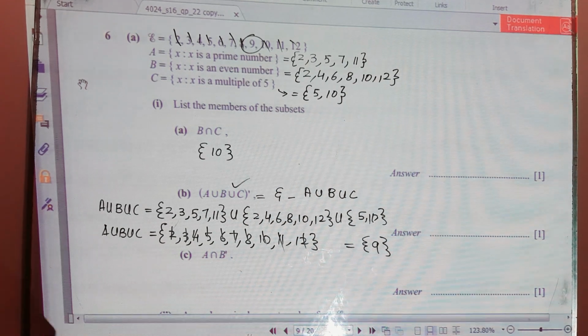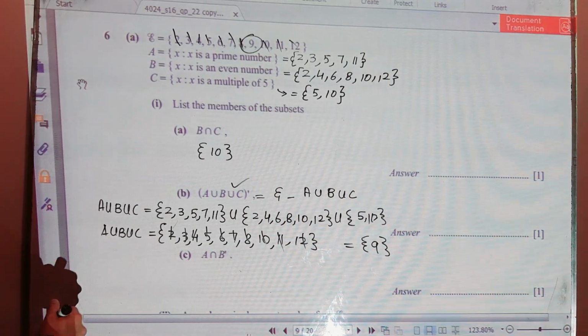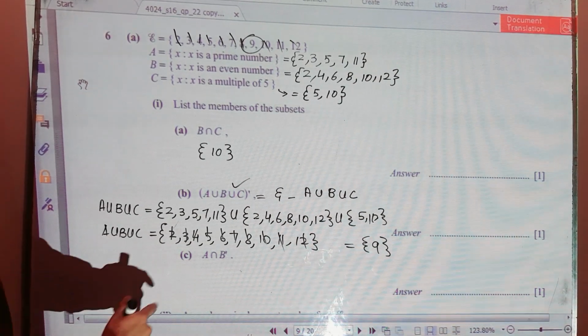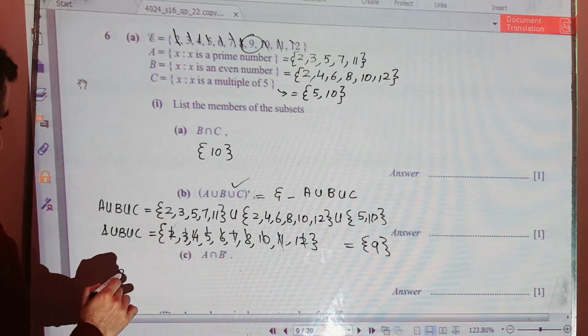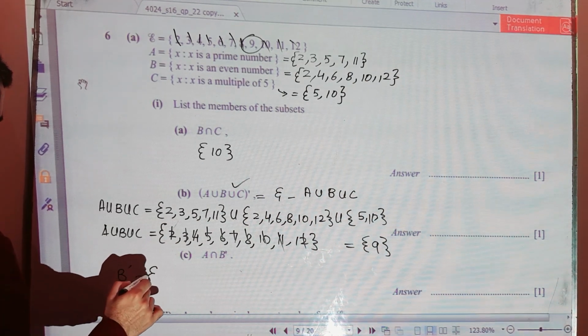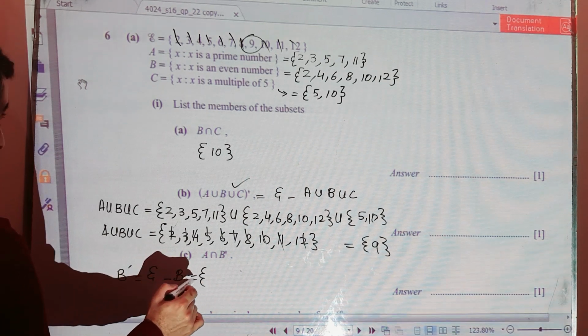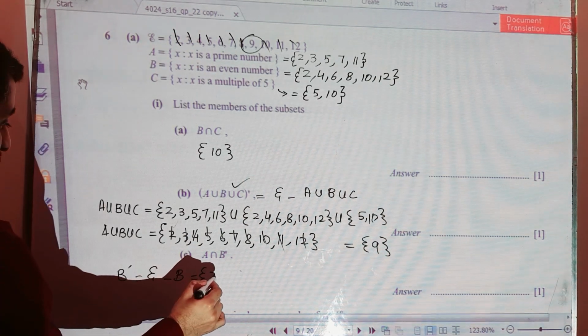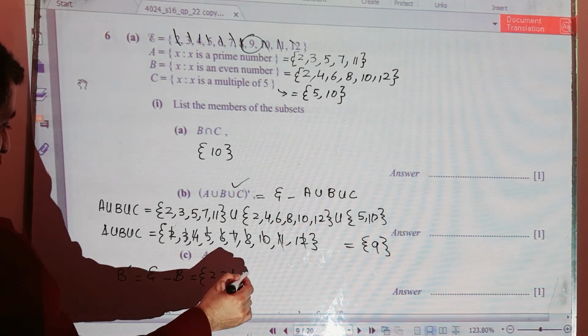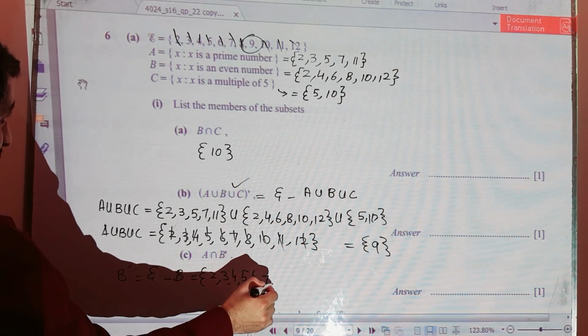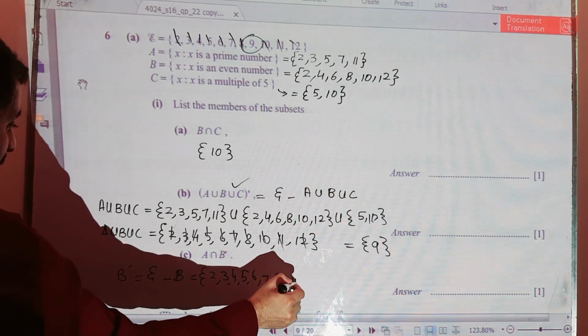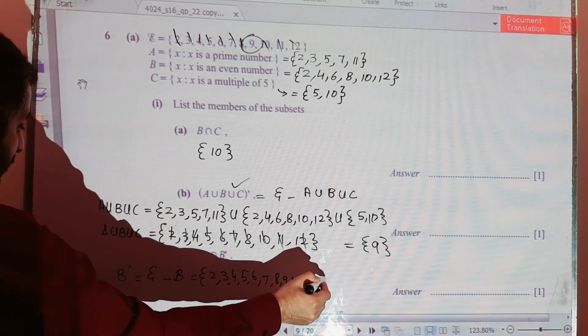Now what will be the answer for A intersection B complement? Intersection means common elements between A and B complement. First of all, we need to find the elements of B complement, which is E minus B, where E is the universal set: 2, 3, 4, 5, 6, 7, 8, 9, 10, 11, 12.